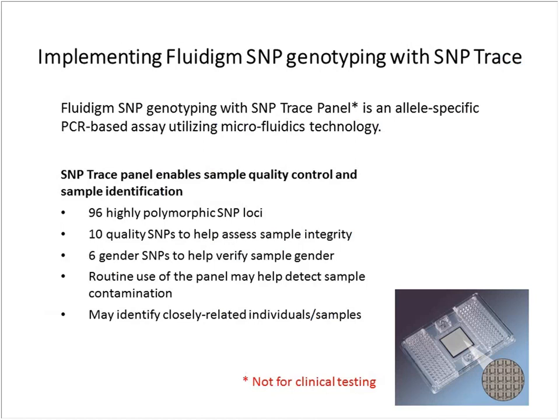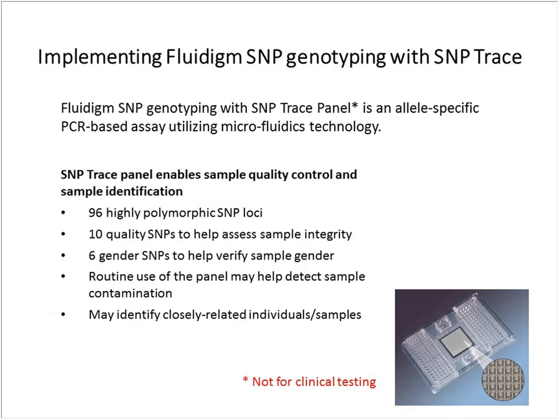Fluidigm SNP genotyping with the SNP Trace panel is an allele-specific PCR-based assay utilizing microfluidics technology. We just want to mention here that we use it not for clinical testing, but just as a QC step in the clinical lab.